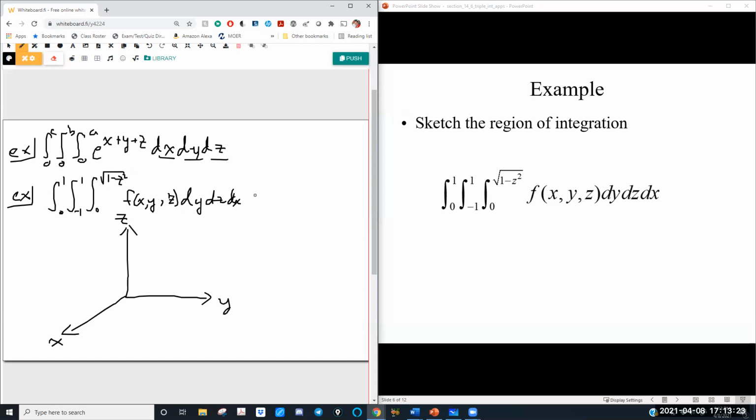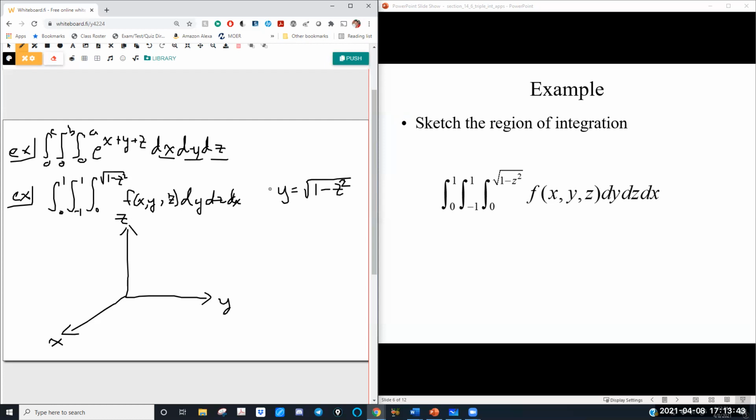What this is, because it's for y, that's the curve y equals square root of 1 minus z squared. Now, that's a half circle in the YZ plane. If you're not sure why, we did this, I think, last class or maybe the class before.